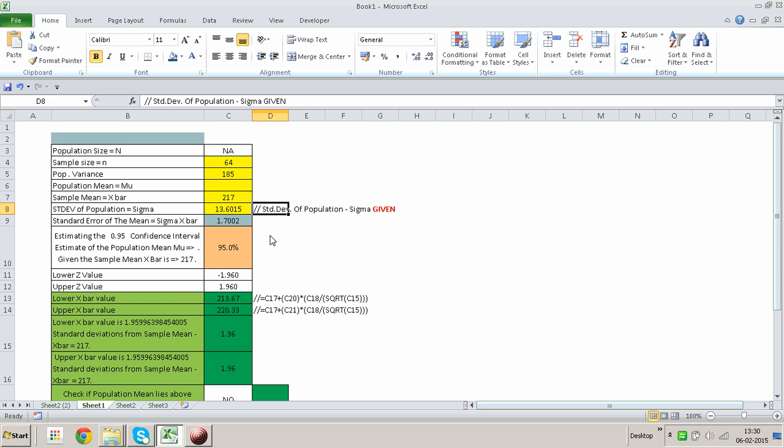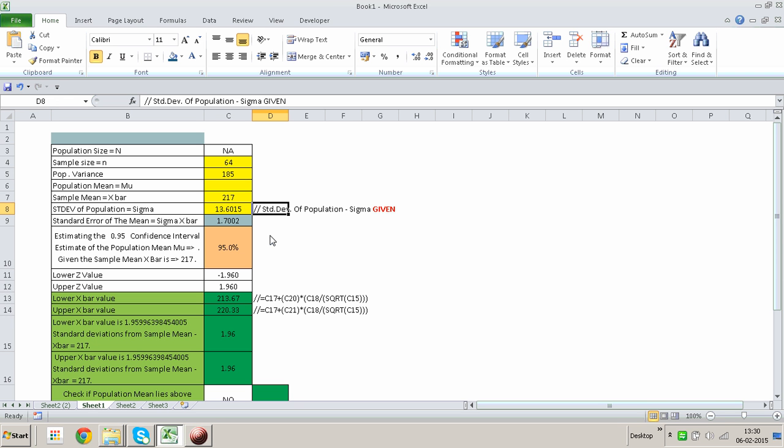So that is usually not practical, and the reason it is mentioned in most statistics books is because we can understand the concept of estimating the confidence interval, and also because using the Z values, it can only be done in this particular manner.